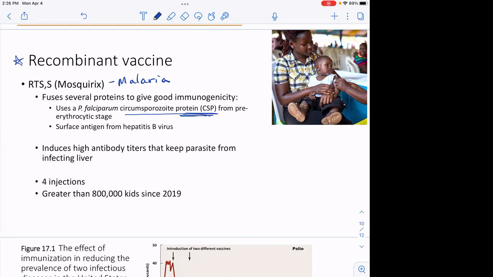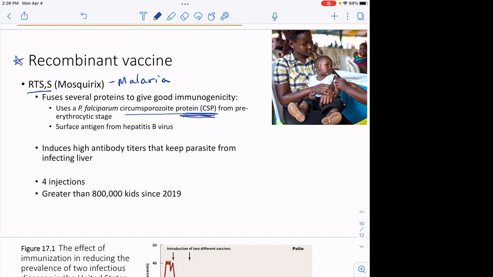The name of this vaccine is not intuitive at all, RTSS. The R and the T refer to this protein that's on the surface of malaria. Now, the problem with just using that as a subunit protein is that it's not very antigenic. Our immune system doesn't recognize it very well.